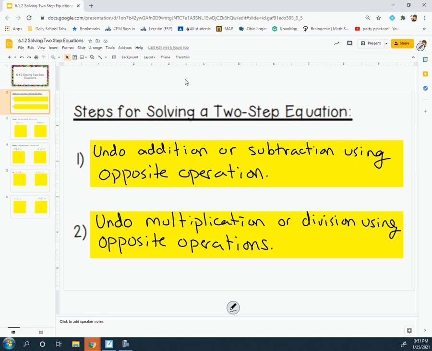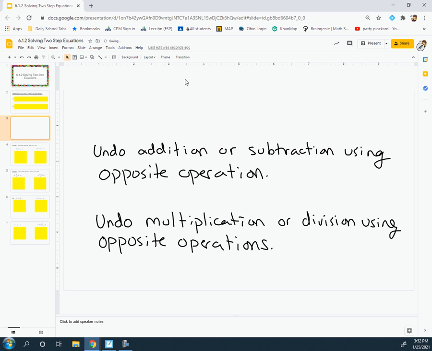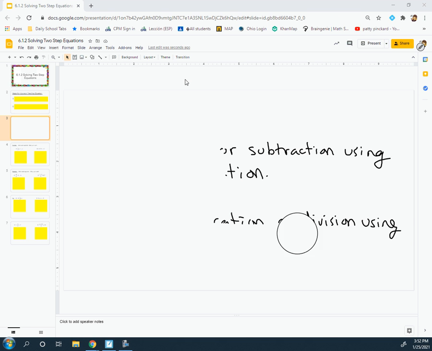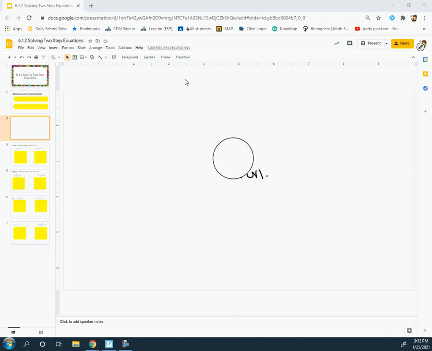Another thing that we did today that we didn't really talk about earlier was when we multiply the variable by a fraction, our option is to divide. So say we have 2/3 x equals 8. There's a number in front of the variable, so we divide both sides.